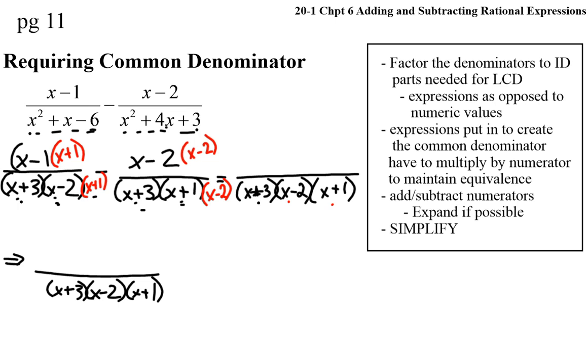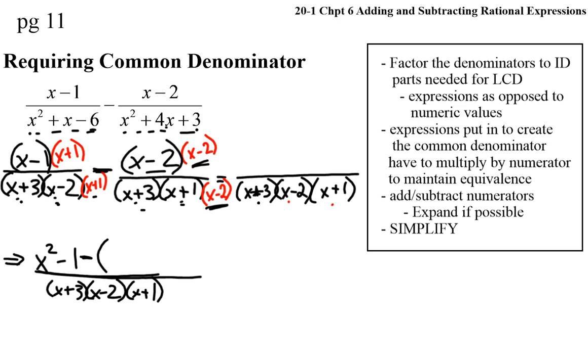We had to multiply our x minus 1 by x plus 1. FOIL, x squared minus 1. We then had to put this x minus 2 in, which means I need to multiply that numerator by x minus 2 as well. FOIL again. We're subtracting, so I need to put it in brackets because I need to make sure I subtract all of the polynomial.